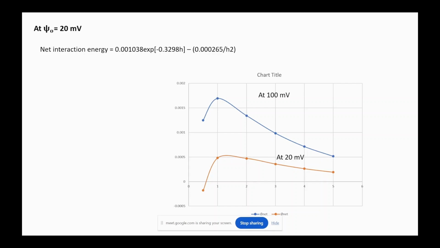But in the case of the lower surface potential, the energy barrier for coagulation is lesser, so the system can easily cross this energy barrier and coagulate with each other. That means the system is going to get unstable. If your system is to be stable, there should not be any coagulation.